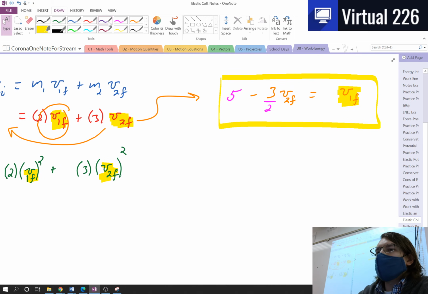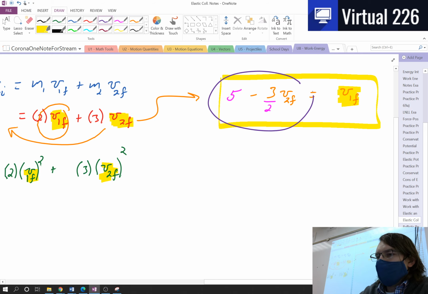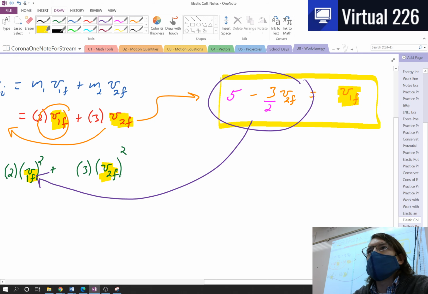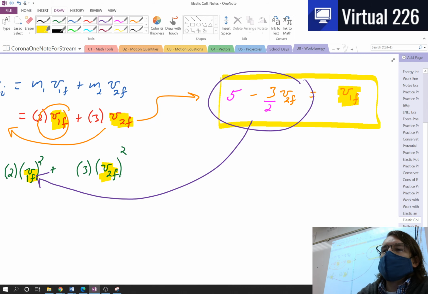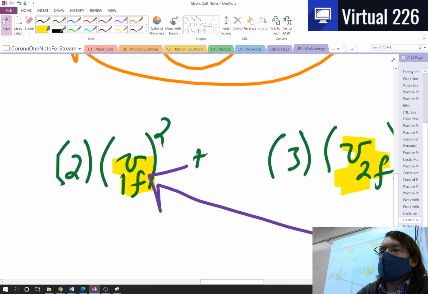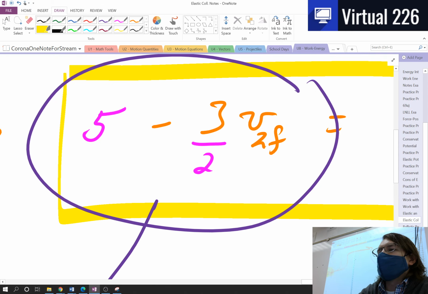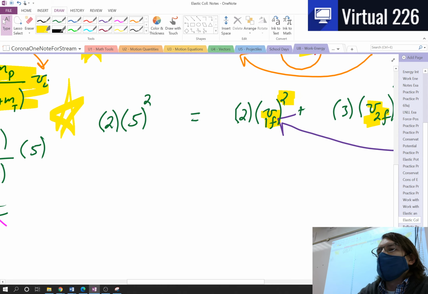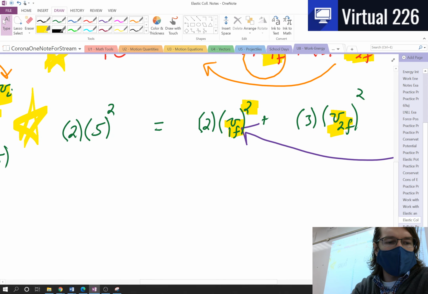Now I'm going to take that equation for v1f, and I'm going to put it into my energy equation for v1f. We see this is going to be slightly annoying because when we do this, we have to square it, which means we're going to have some foiling to do. So let's substitute these values in.